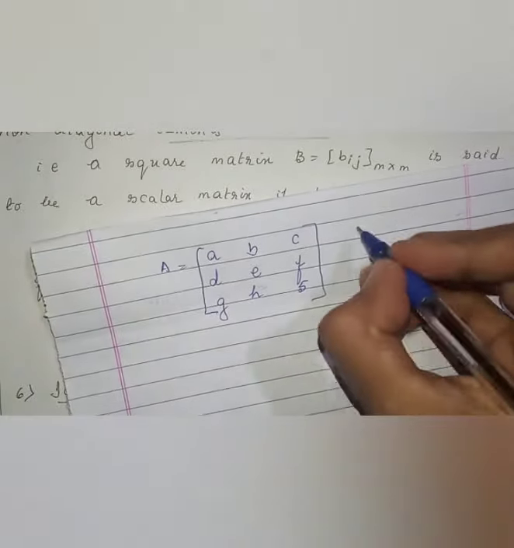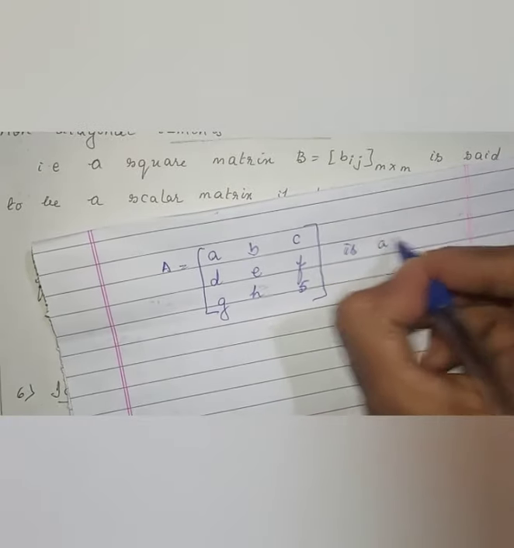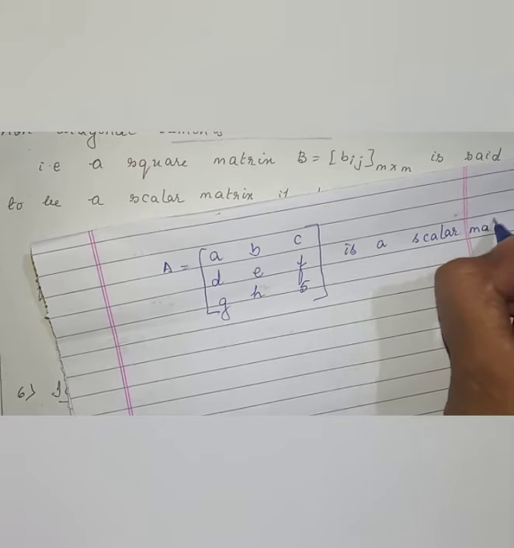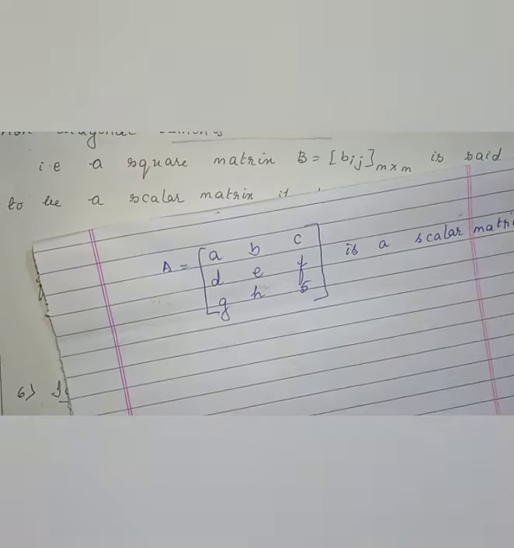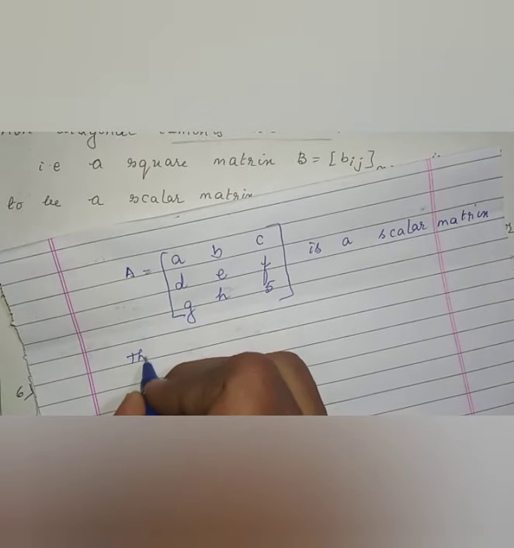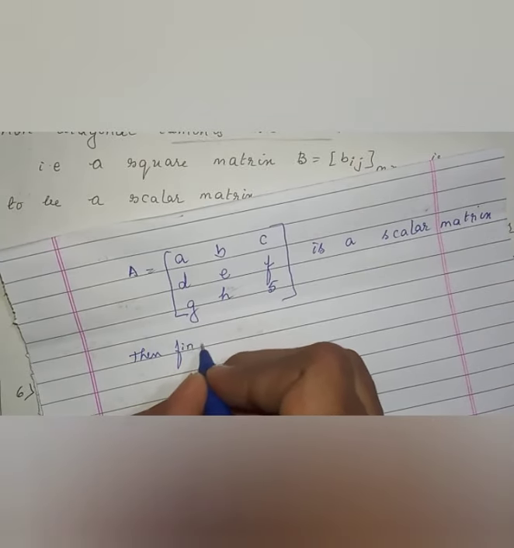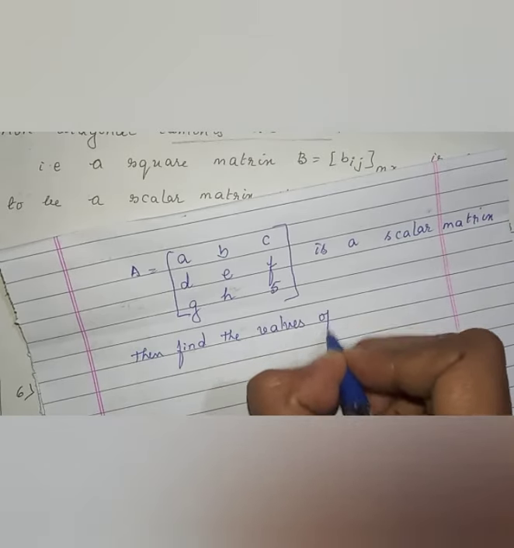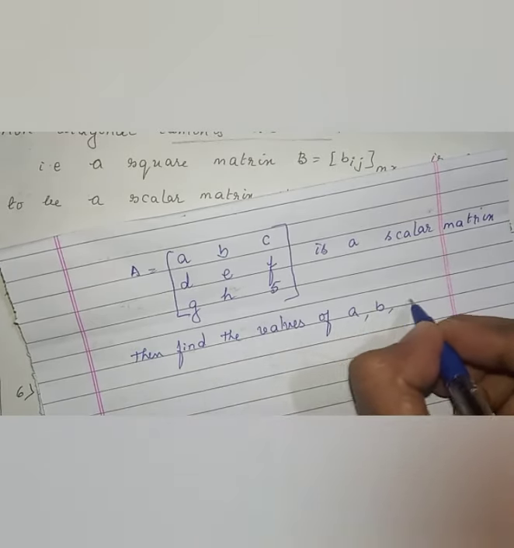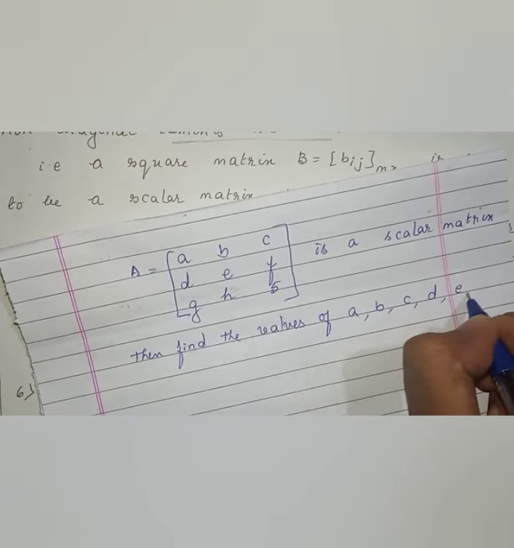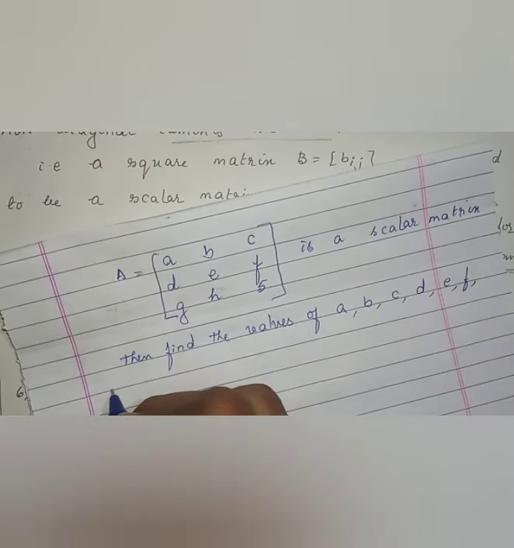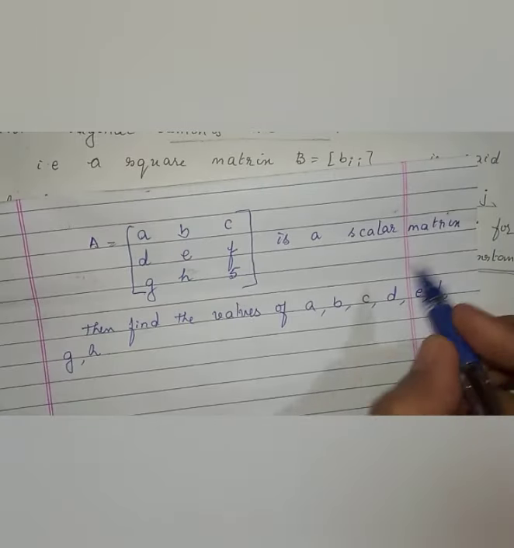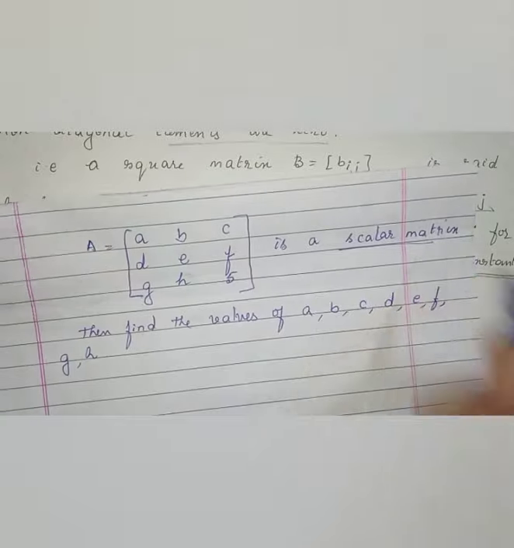Suppose the matrix A is a scalar matrix, then find the values of A, B, C, D, E, F, G, H. We know only one thing, this is a scalar matrix.